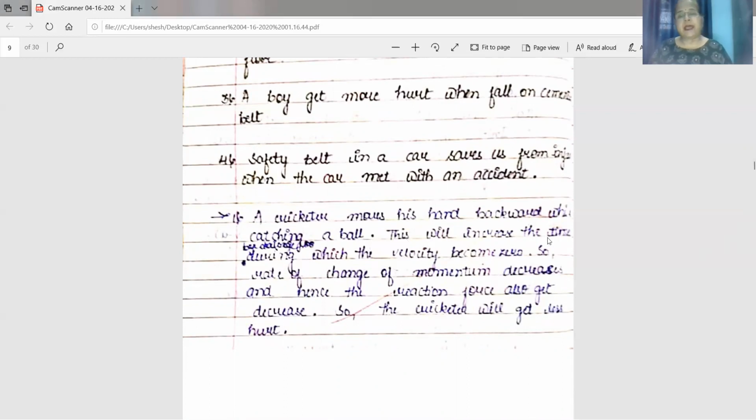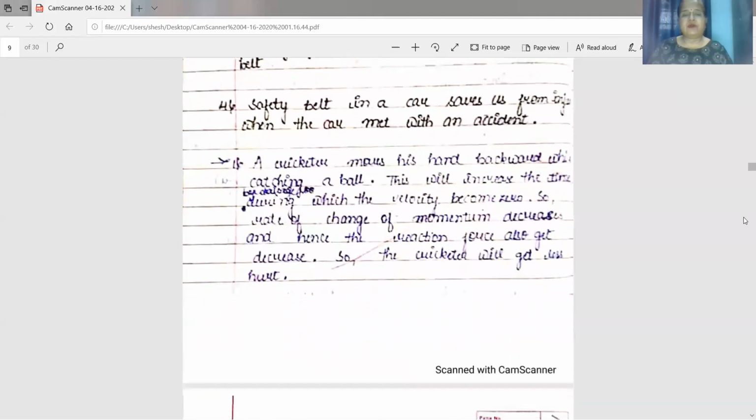This will increase the time, so the rate of change in momentum will get decreased because the denominator is increasing. As the rate of change of momentum decreases, the reaction force will also decrease and he will get less hurt. In 3 lines, you will complete the answer.